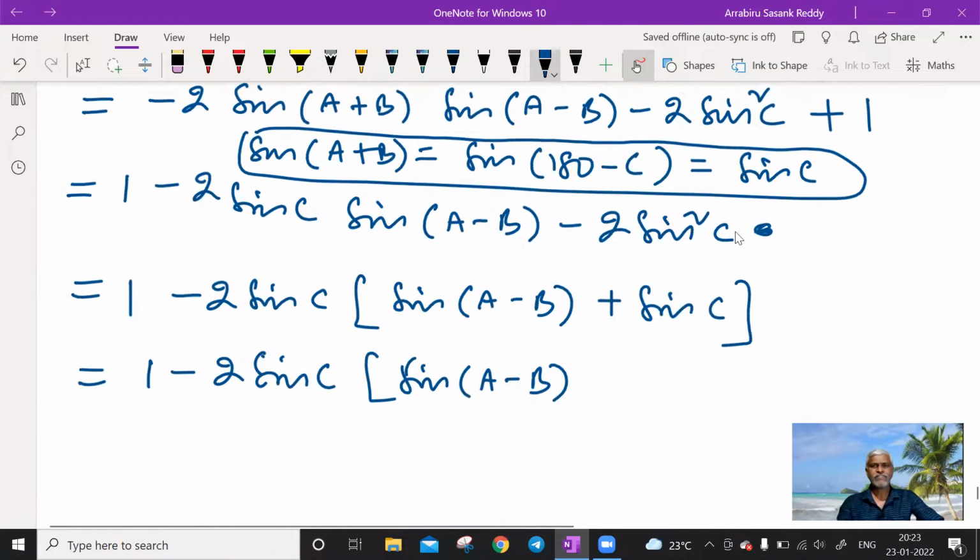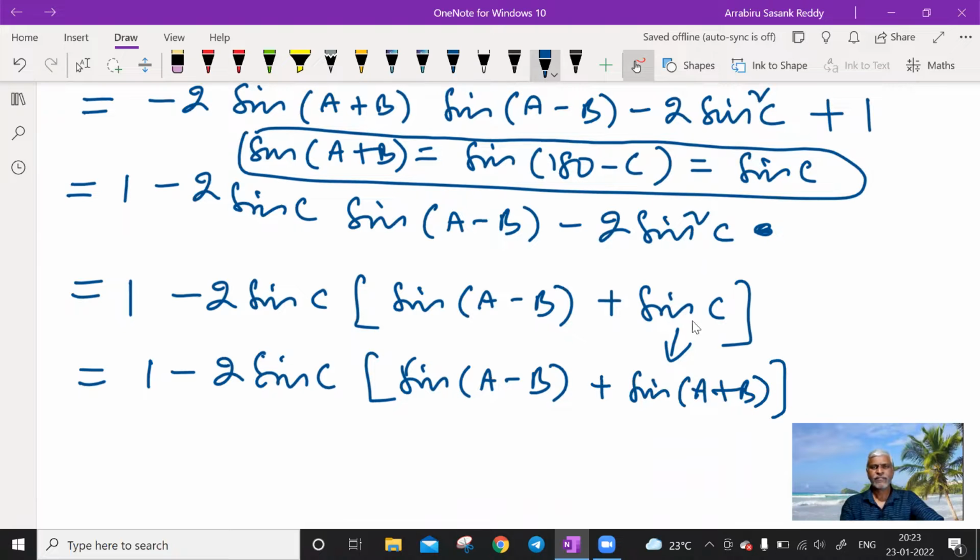Minus 2 sin C, and the sum of sin(A plus B) and sin(A minus B), these two added, gives 2 sin A cos B.